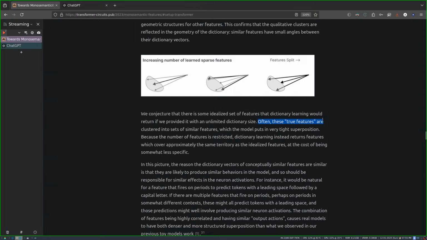Often these true features are clustered into similar sets of features which the model puts in a very tight superposition. Because the number of features is restricted, dictionary learning instead returns features which cover approximately the same data as the ideal features.